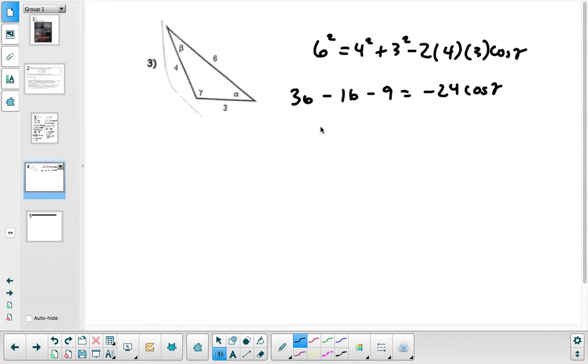Uh-oh. I screwed up on my key, so I will have to do this calculation in front of you. That is 11. I put 9 on my key. Divided by negative 24 is equal to cosine. Take the inverse cosine.